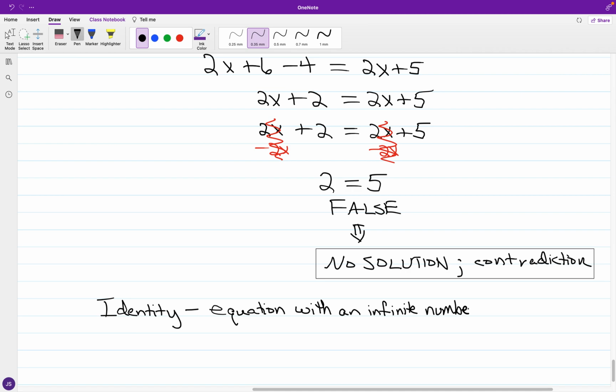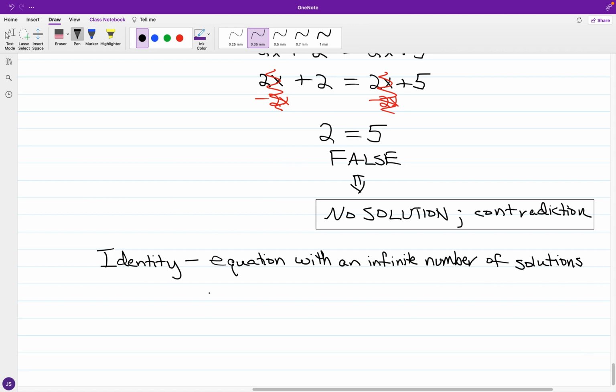This is sort of a limited definition, but it does serve the purpose. It's going to be an infinite number of solutions in the sense that the logical premises will be consistent.